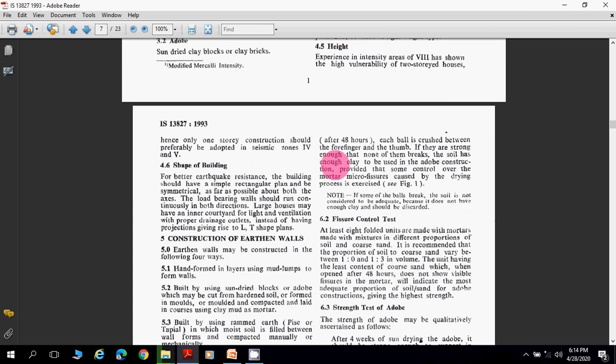Shape of the building: for better earthquake resistance, the building should have a rectangular plan, symmetrical about both axes, and L-type and T-type junctions should be avoided.